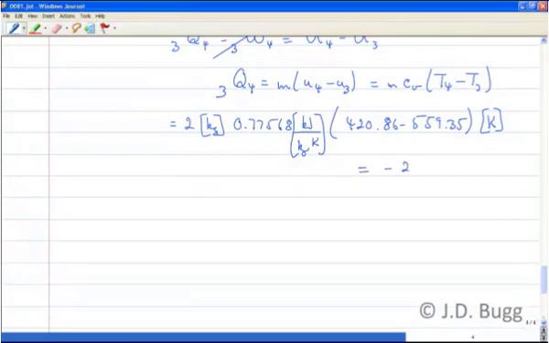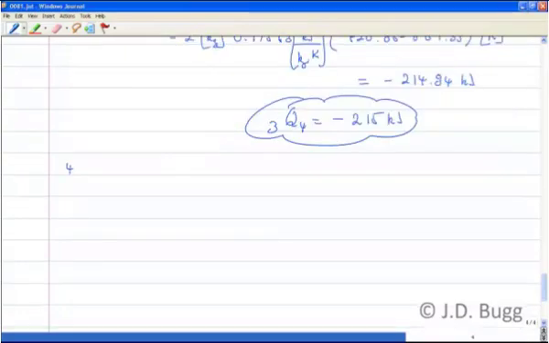That works out to negative 214.84 kilojoules. And remember, the signs are going to work out properly, so this means heat is being removed from 3 to 4. So Q from 3 to 4 is negative 215 kilojoules. Final process is from 4 to 1, and this is another adiabatic process described by a polytropic process.